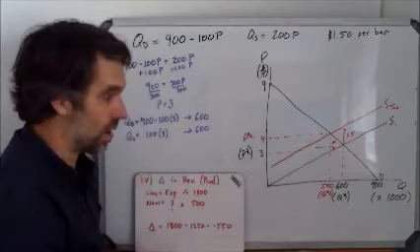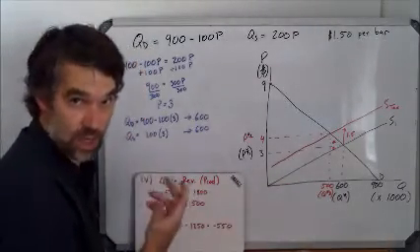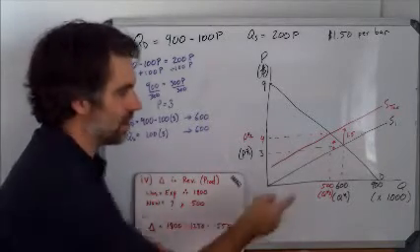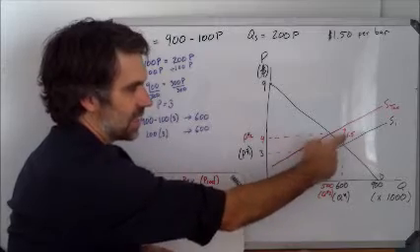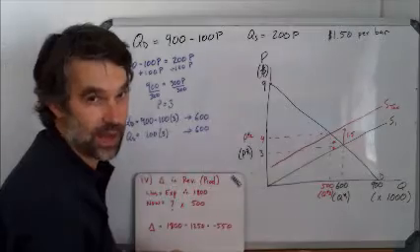You could do this in 2 ways. You could take this quantity, 500, and plug it into the new supply function, and you would get the right answer. Or you could just remember that that vertical distance, just like that's 1.5, it's 1.5 there as well, because the 2 lines are parallel.